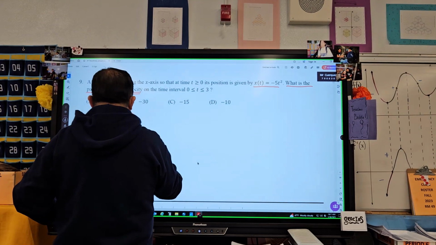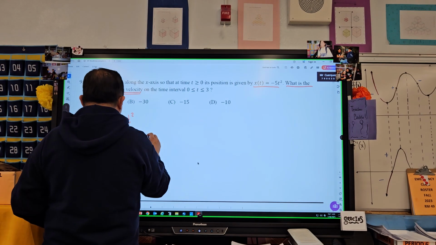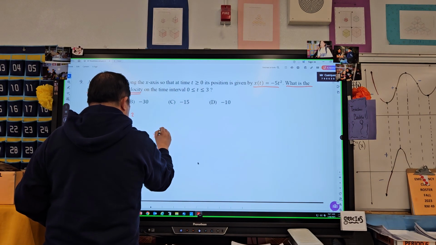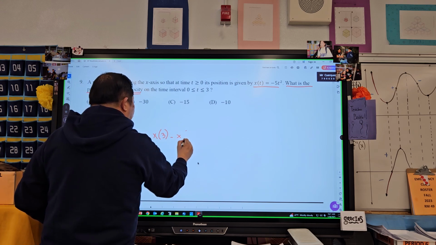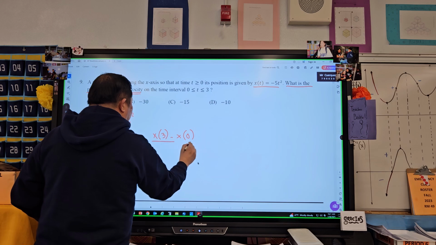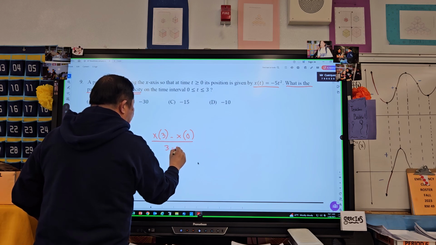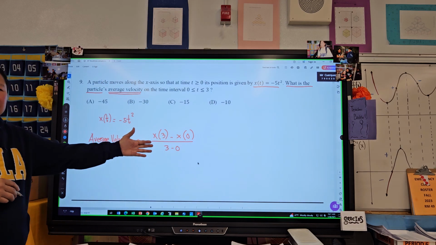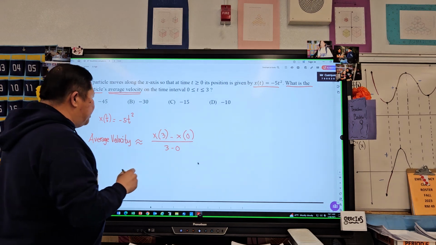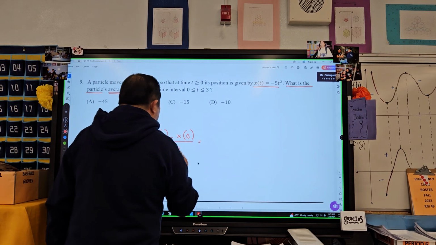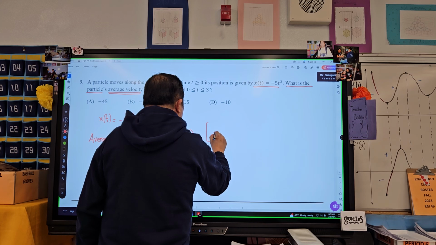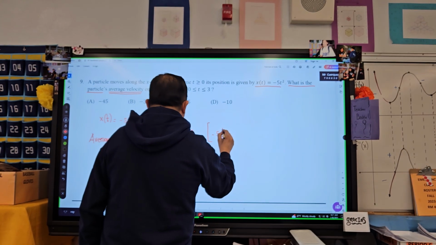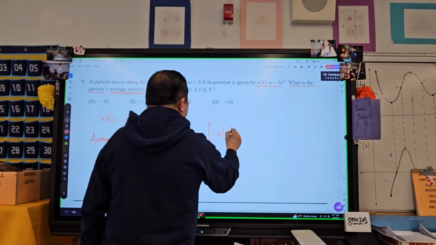So average velocity is x of 3 minus x of 0 over 3 minus 0. Can you follow? Which means x of 3 is negative 5 times 3 squared. Am I right, guys?